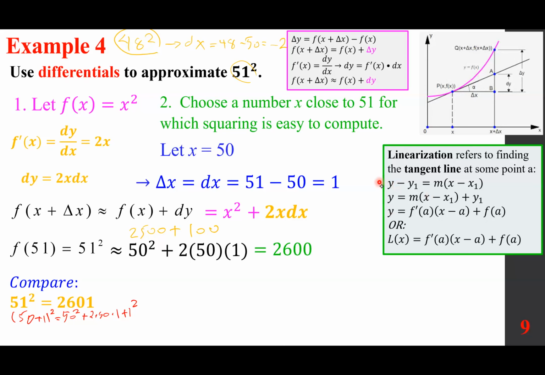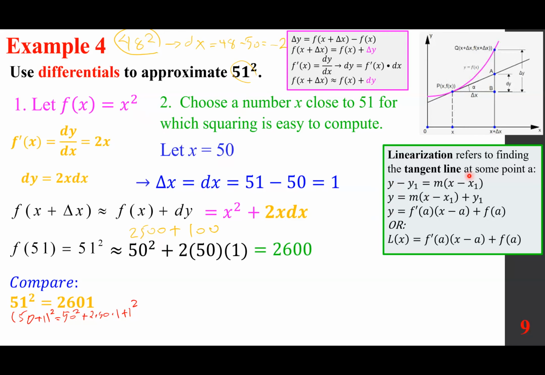Find the equation of a tangent line at the function f of x equals x squared. What point? This point, not that point, this point. So we want to find L of x. So we're going to use this formula.